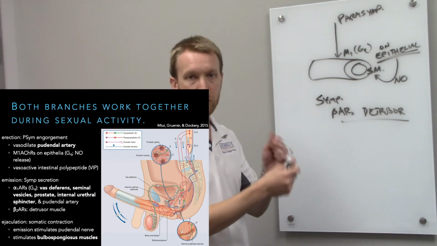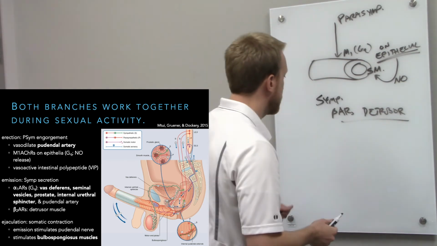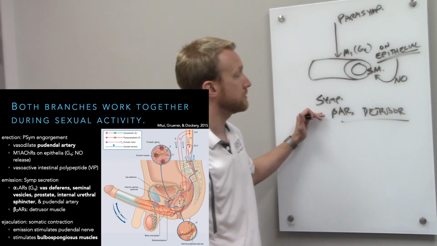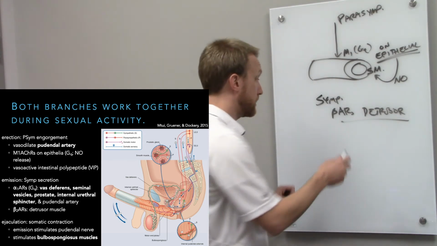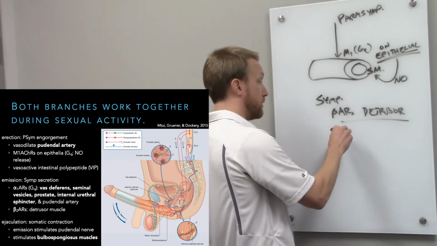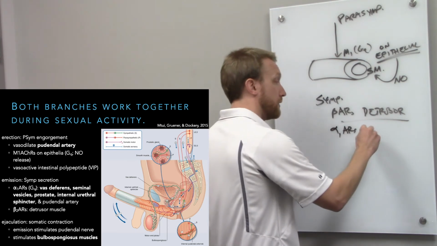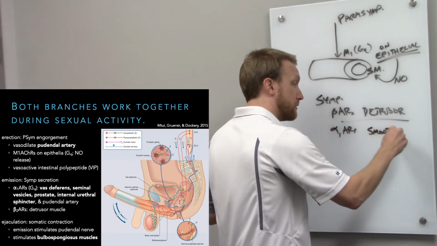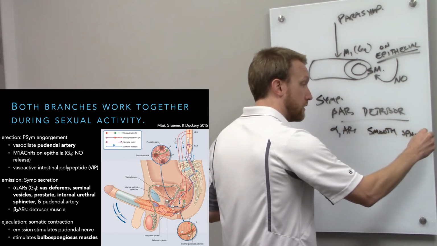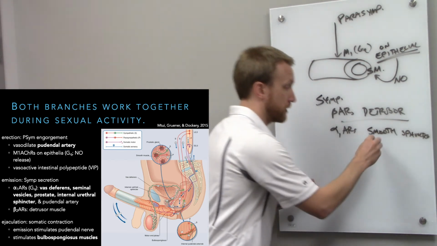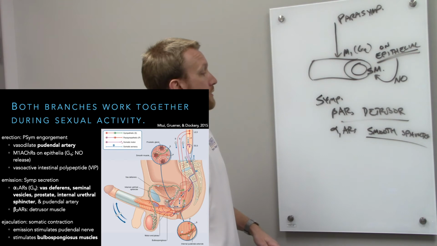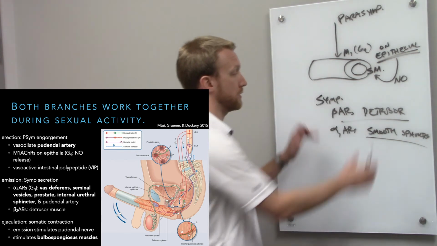So the plumbing's a little more complex here. So beta adrenergic receptors on the detrusor prevent contraction. We also, of course, still have our alpha 1 adrenergic receptors on that smooth sphincter. Again, not trying to urinate, and we don't want any backflow.